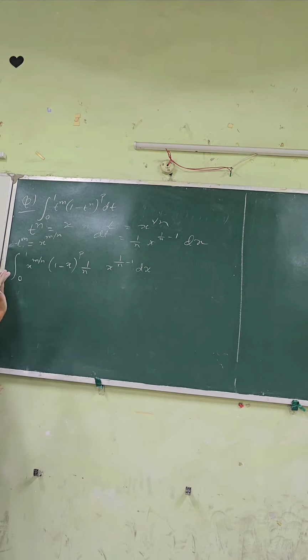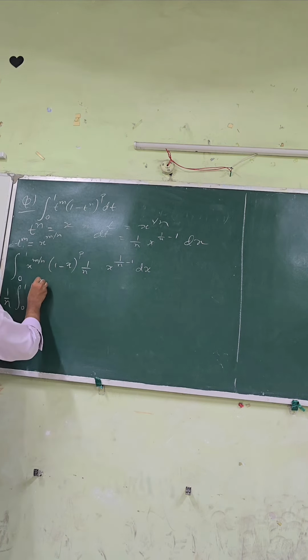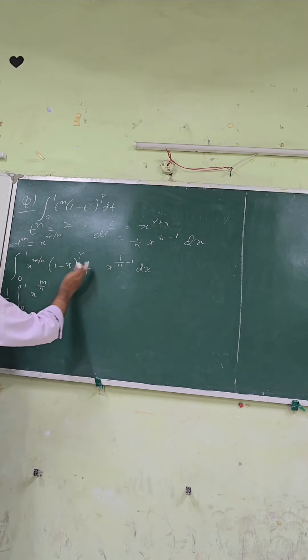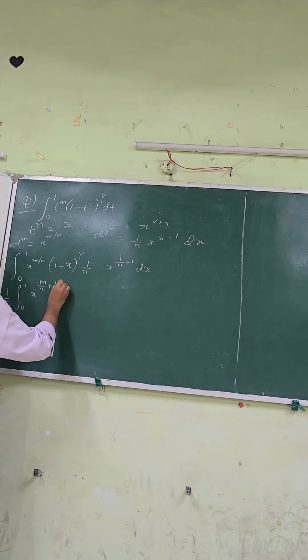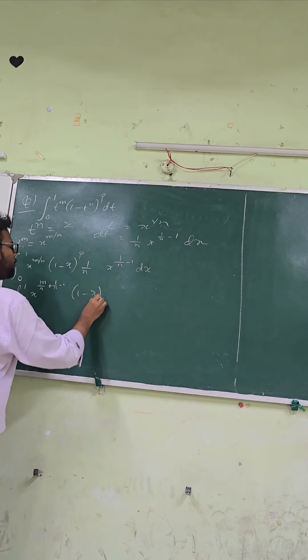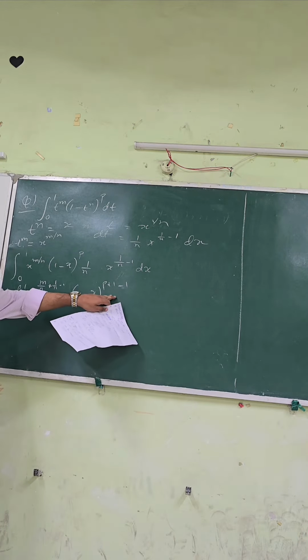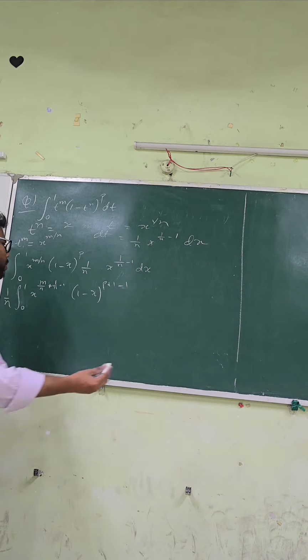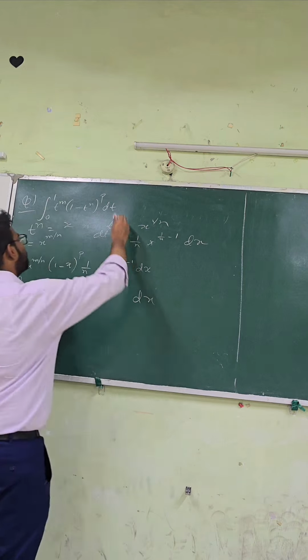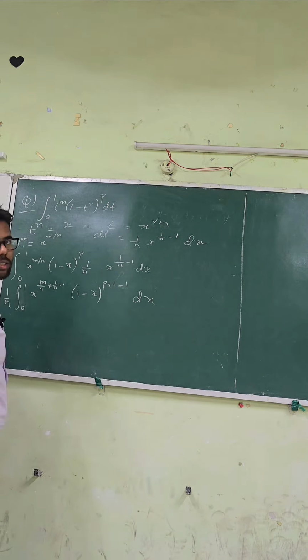My x and n look similar, I'm sorry for that. I have to be careful. You can take 1 by n as common. You add the powers of x and get x to the power m by n plus 1 by n minus 1, and 1 minus x to the power p plus 1 minus 1. I did this because it needs to be of the form n minus 1, since we are told to write this in terms of the beta function.